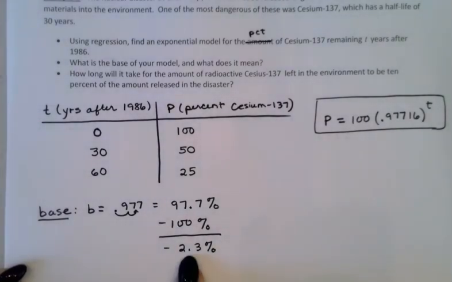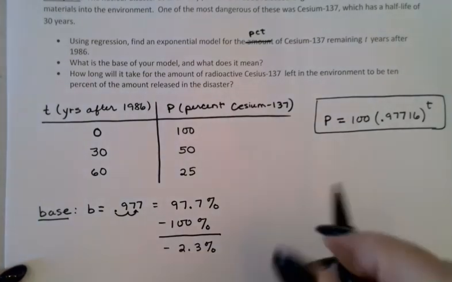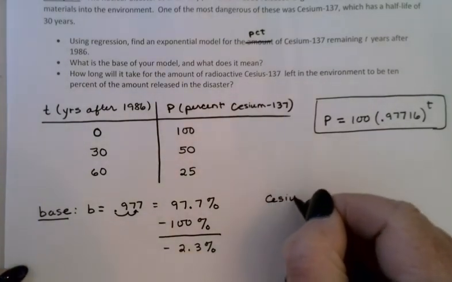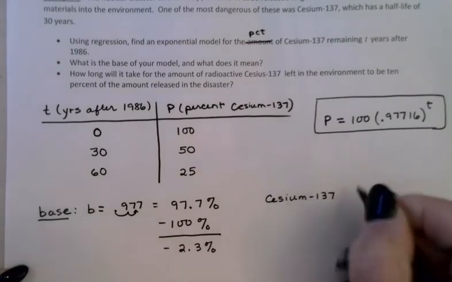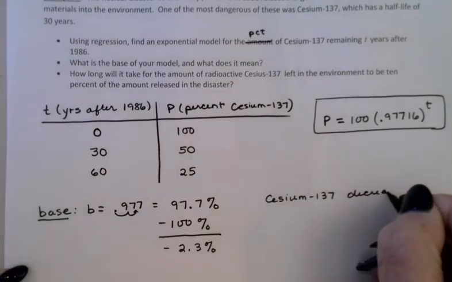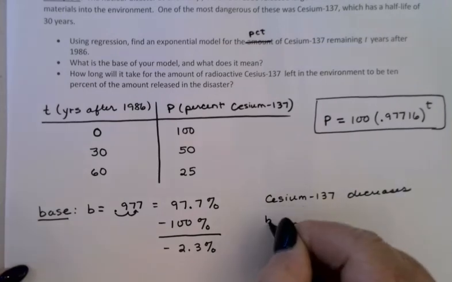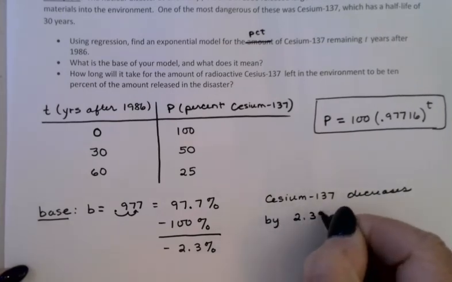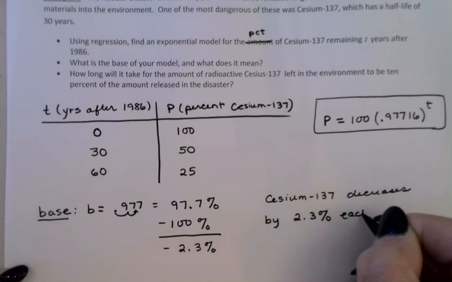So the amount of cesium-137 is reduced by 2.3% each year. Decreases by 2.3% each year.